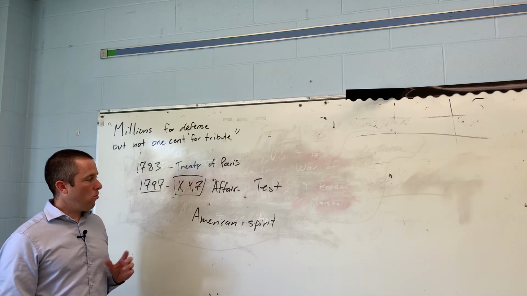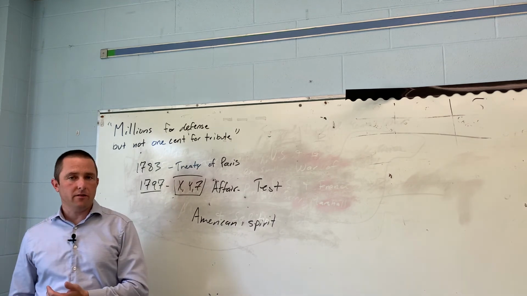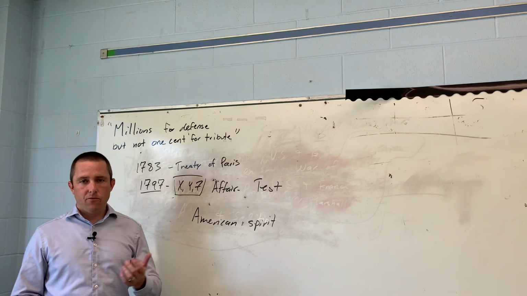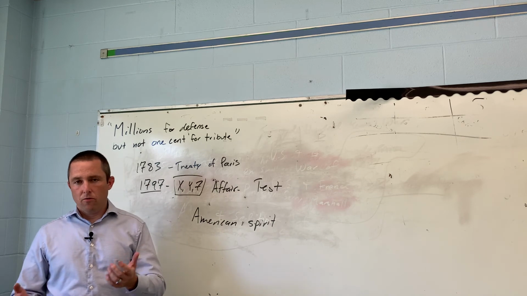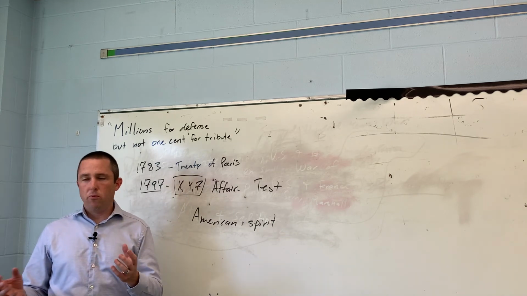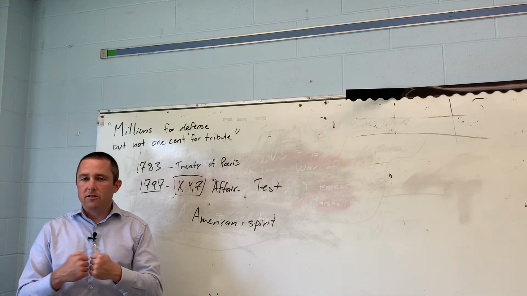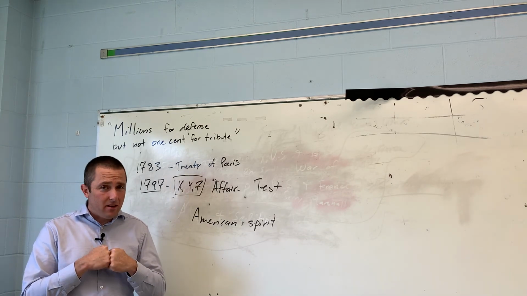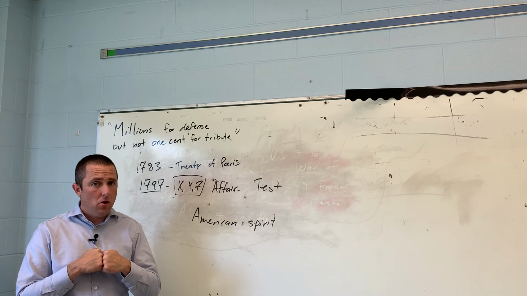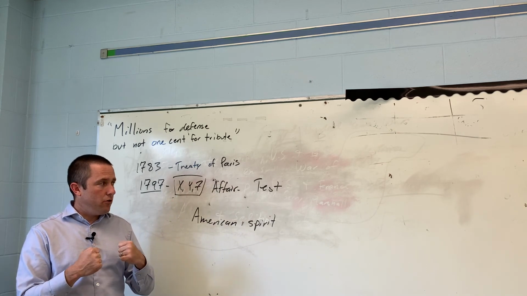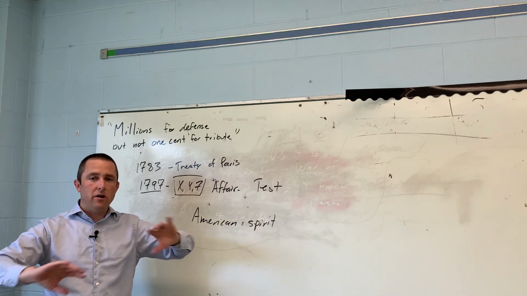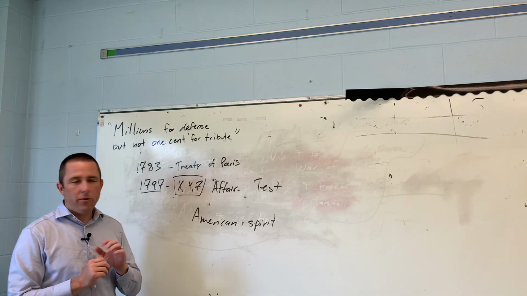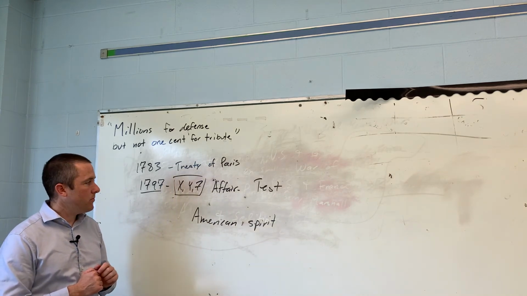And what it did is it resulted in the Alien and Sedition Acts ultimately being passed, and led to further tension between pro-France and pro-English sides in the American government. This will lead to the nasty election of 1800, and it'll eventually lead to sort of separation of big parties around the 1820 time with the Henry Clays and the Andrew Jacksons.